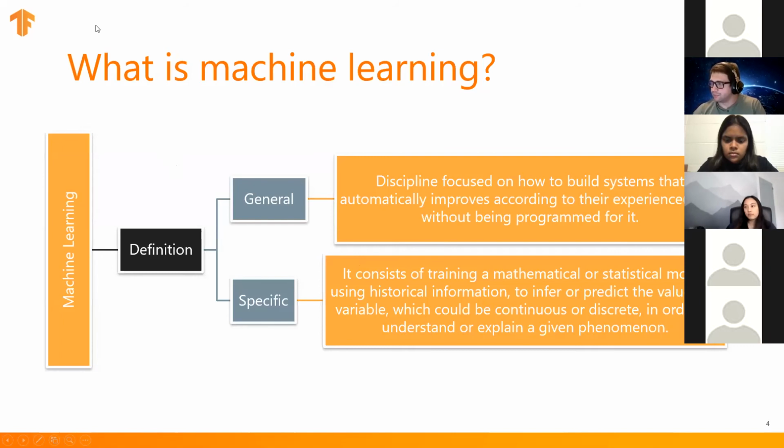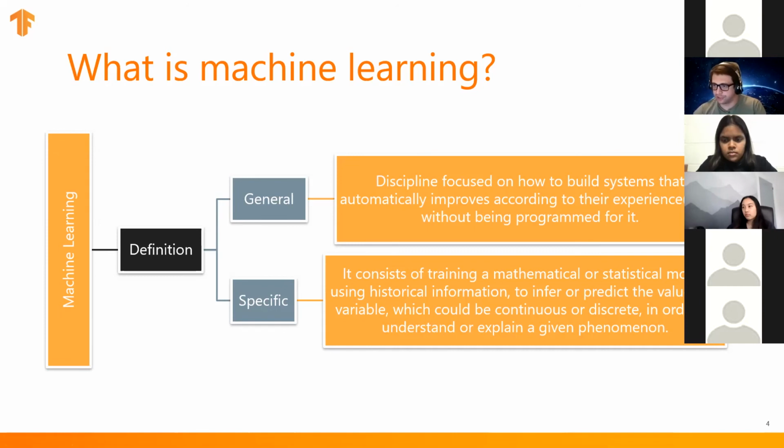If we want to define what machine learning is, we have two definitions here, one from a general perspective and another more specific. In general, machine learning is a discipline focused on how to build systems that automatically improve according to their experience, and their experience in this case means data.